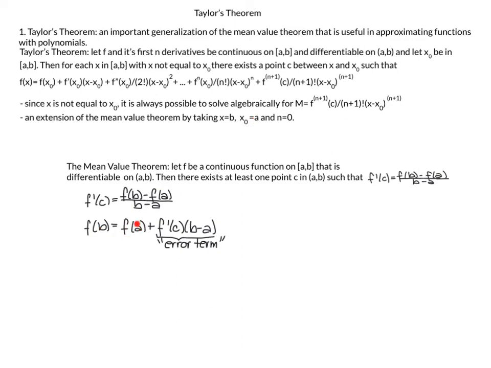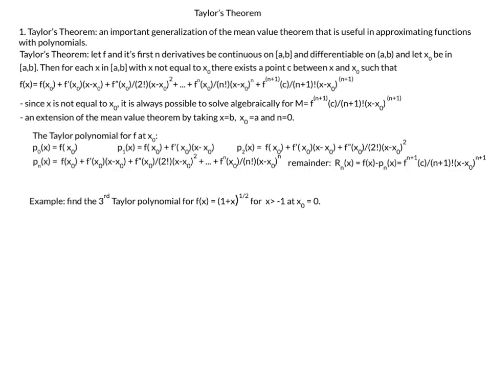We're estimating f of b using f of a. Here is our error term, which is at the very end, which is f of n plus 1. And again, since we're at 0, this is f prime at c over 1 factorial times b minus a to the first power. So that's basically the relationship.